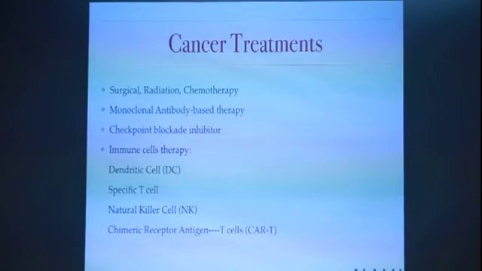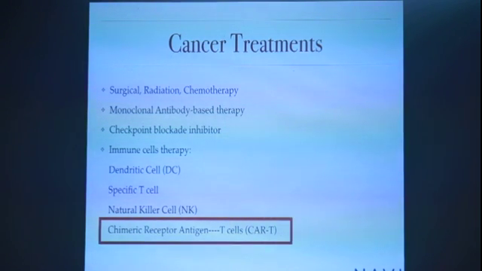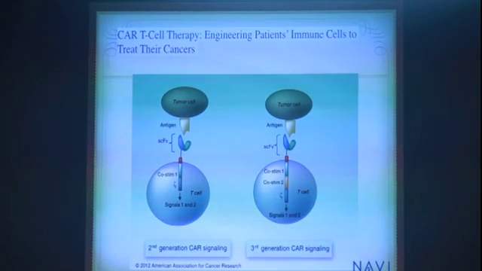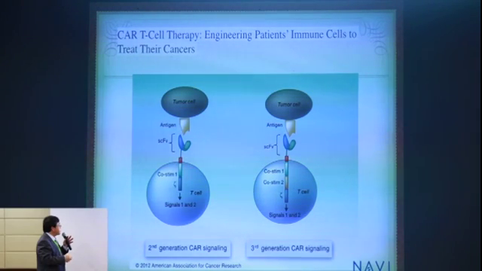And the other newest tech for cancer treatment is named CAR-T. Actually, CAR-T is gene-modified T cells. They transduce some gene that expresses a protein on the surface of the T cells. One part is the antibody variable region.